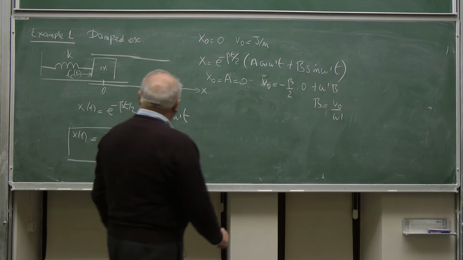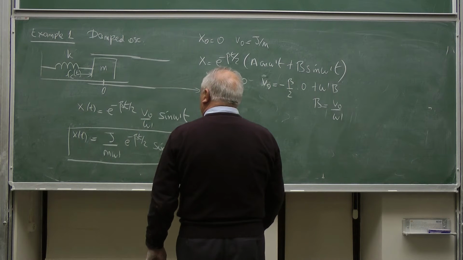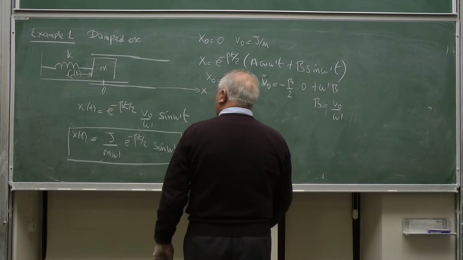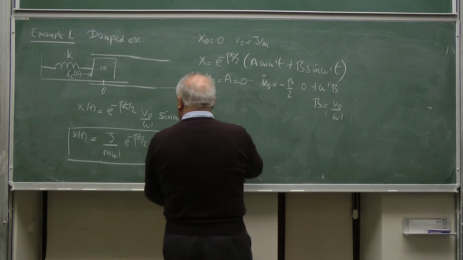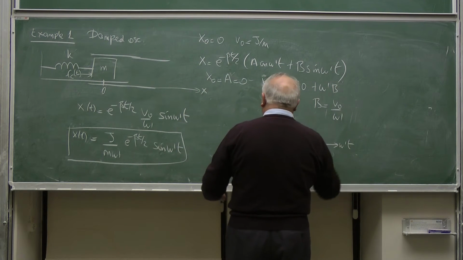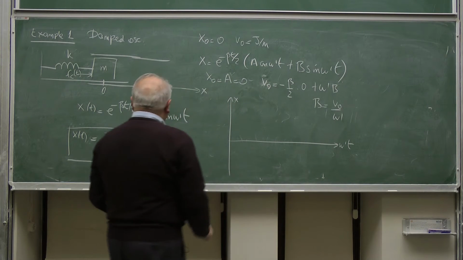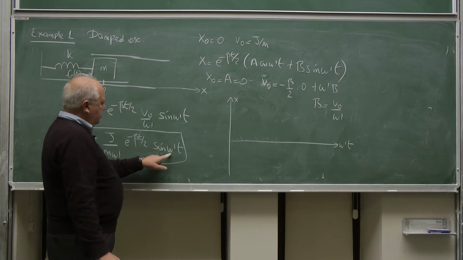So if we plot, for example, t, here's x. So at time equals 0, this is 0.